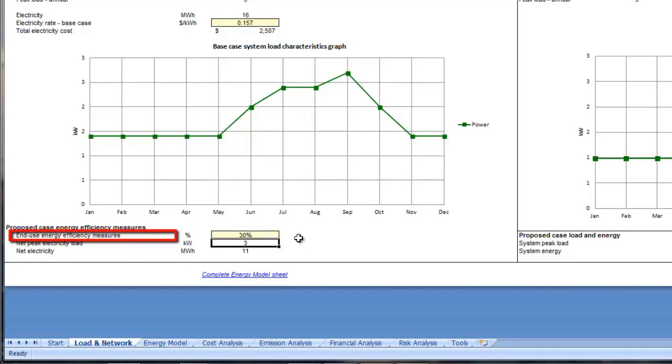Here we also have the option to enter in a value for energy efficiency measures for the proposed case scenario. By implementing such measures, the proposed case graph on the right would change accordingly. As energy conservation and efficiency measures can be implemented at minimal cost for maximum results and would reduce the load and allow more electricity exports to the grid, we will assume that energy efficiency measures would be implemented for this project.